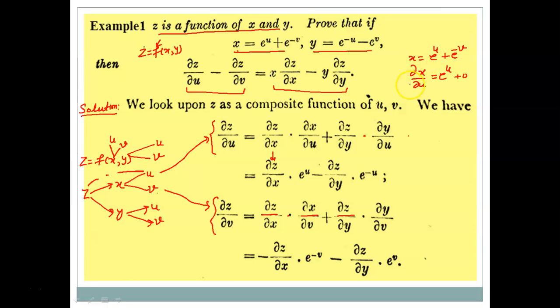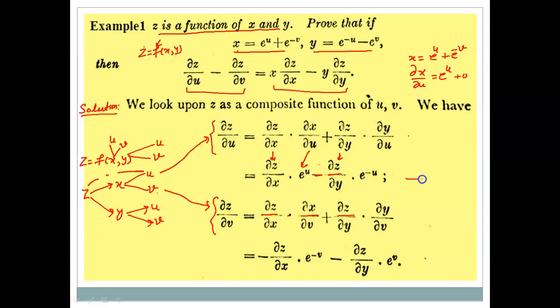So in fact you are getting del x over del u is equal to e raised to power u. So that you are substituting over here. Similarly, here del z over del y will be kept as such, and you calculate del y over del u. That means you take the partial derivative of this with respect to u, you will get minus of e raised to power minus u. So the minus sign is here. So that way you are getting this expression.